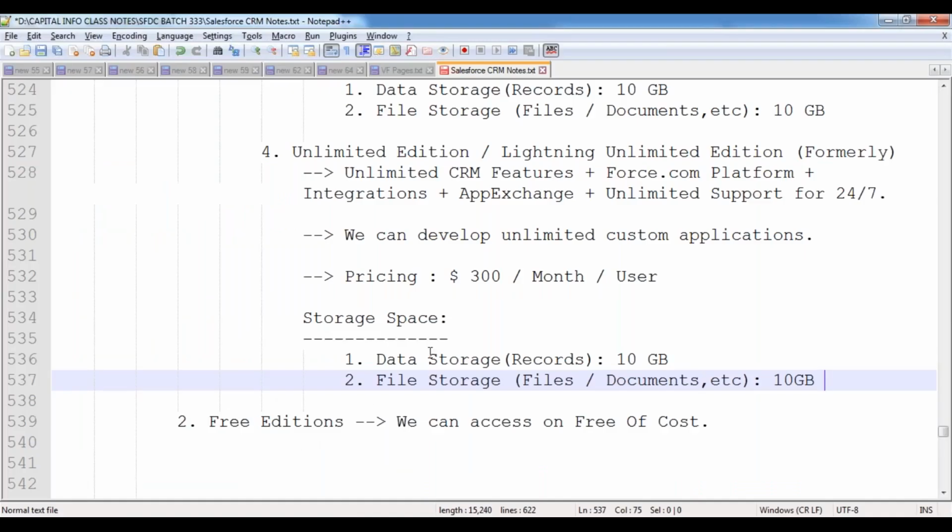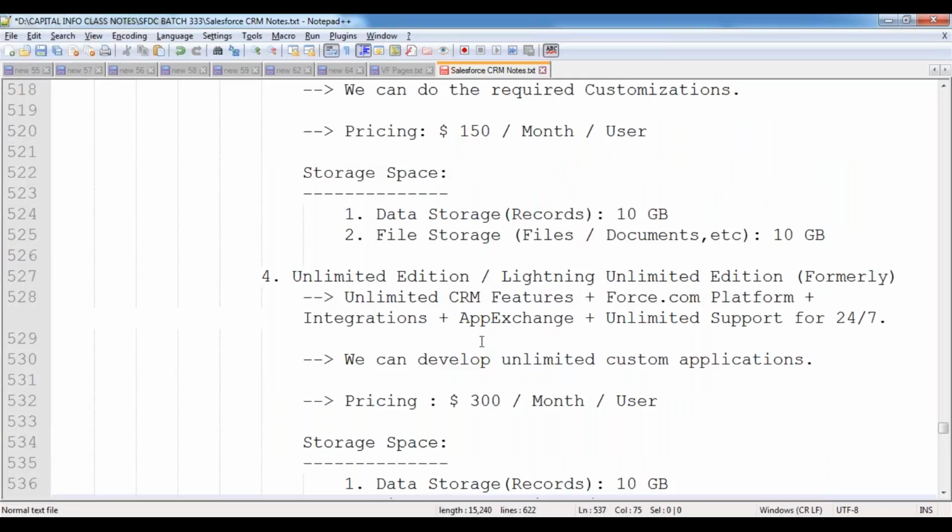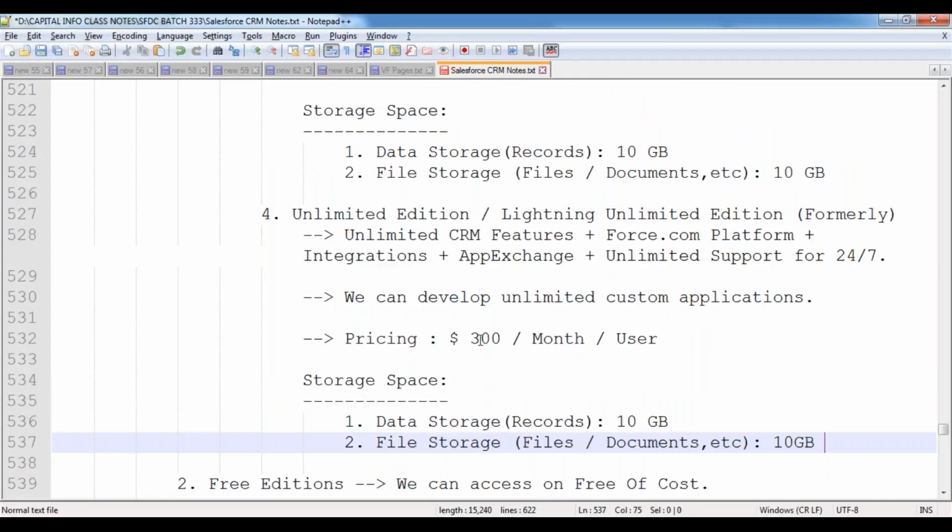Now, from the interview point of view, there is a common question. Whenever you go for an interview, they will ask: what kind of edition are you using for your project? For your current project or in your current organization, what is the edition of Salesforce that you are using?